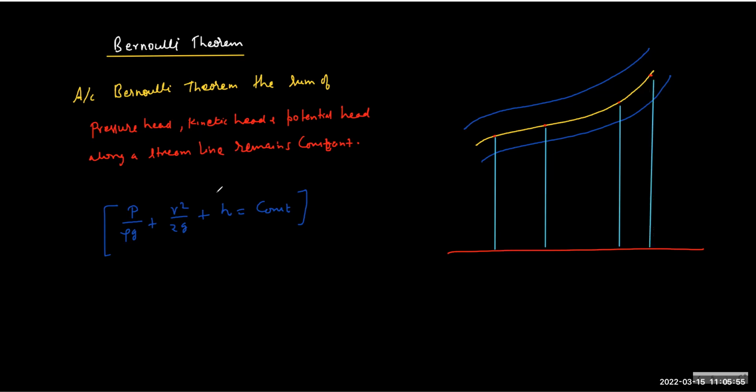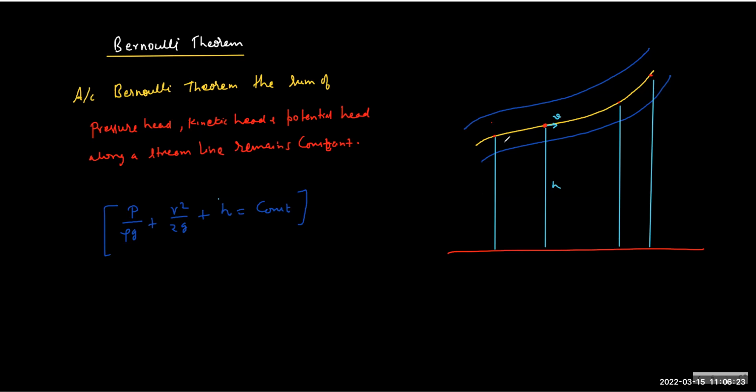The height is called potential head. If the velocity of the fluid particle at this location is V, then V square by 2G is called the kinetic head.